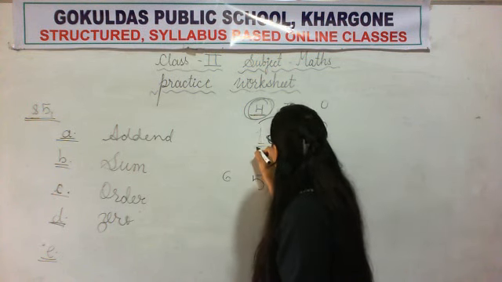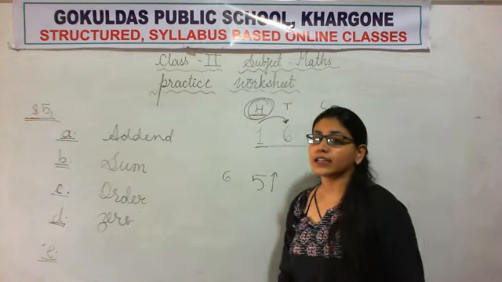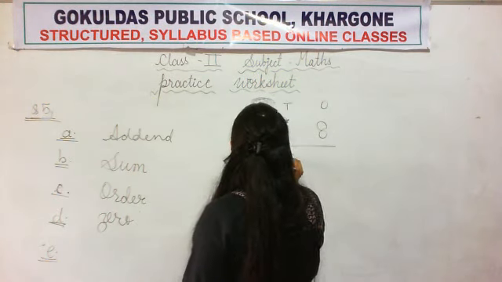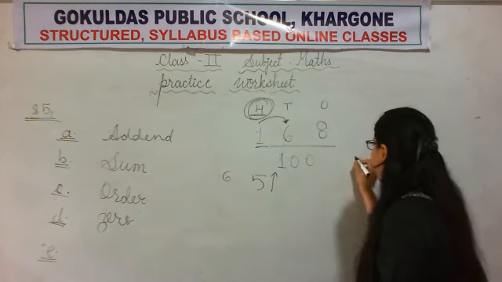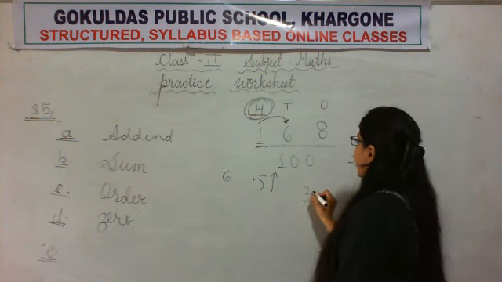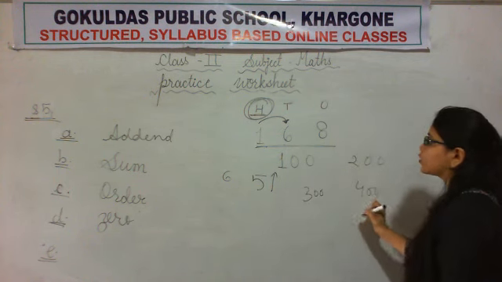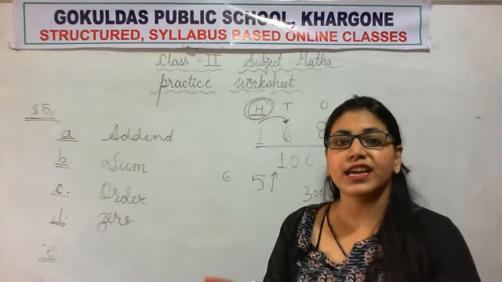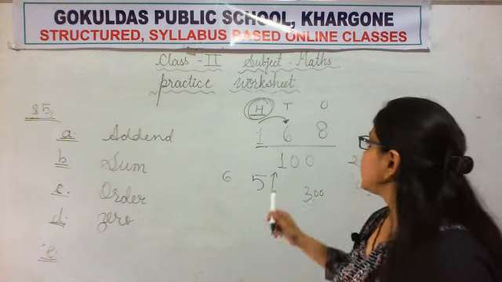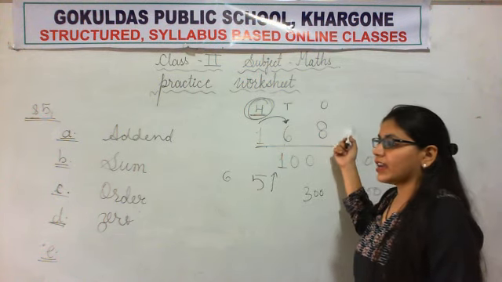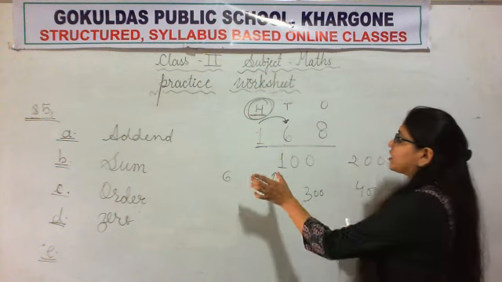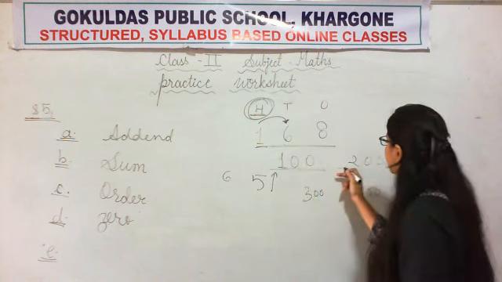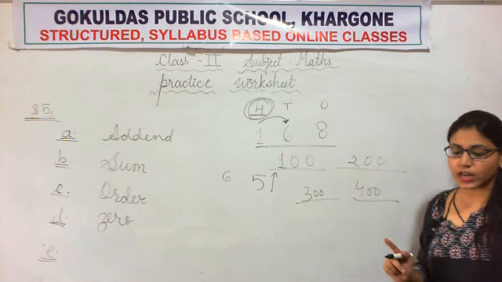If we are rounding off to the nearest 100, then we will see numbers 100, 200, 300, 400 like this, not 160 or 170. If the question asked us to round off to the nearest tens, then we would see numbers like 170, 180, 190. Here the question is asking about rounding off to the nearest 100, so we will see numbers 100, 200, 300, 400 like this only.